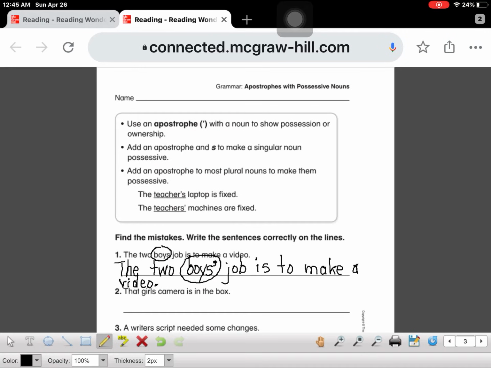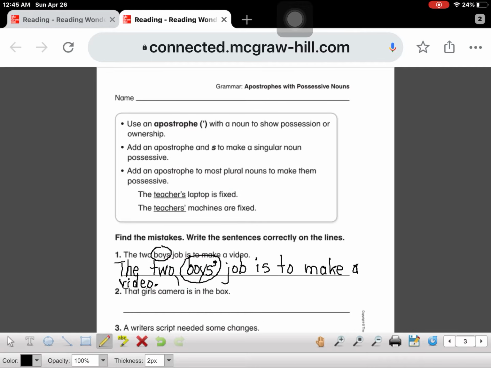All right, let's look at number 2. It says that girl's camera is in the box. That girl's camera is in the box. Okay, so what is it? It's a camera that belongs to what? The girl.